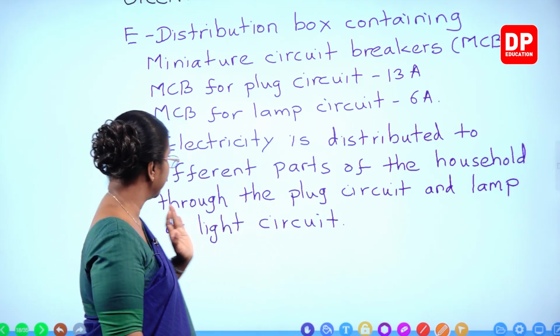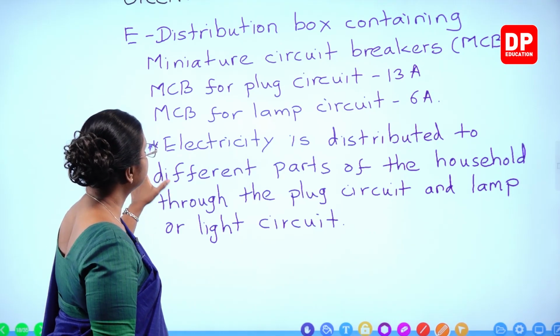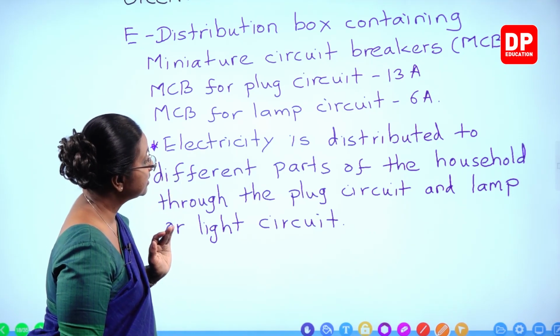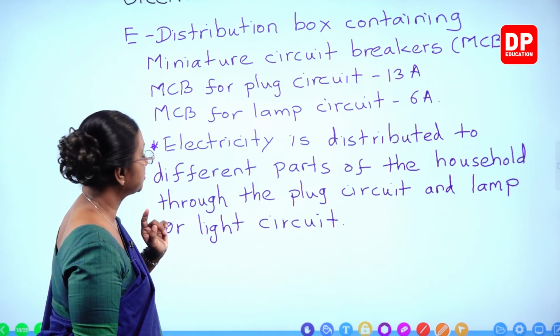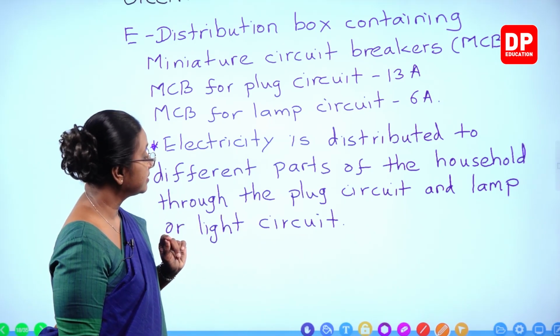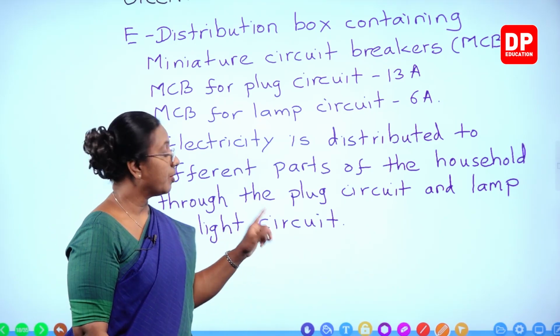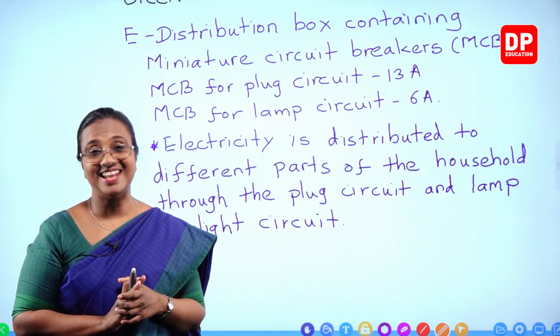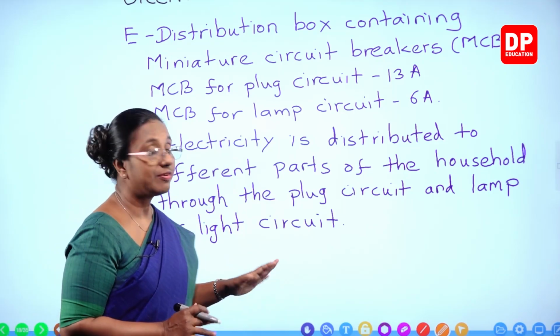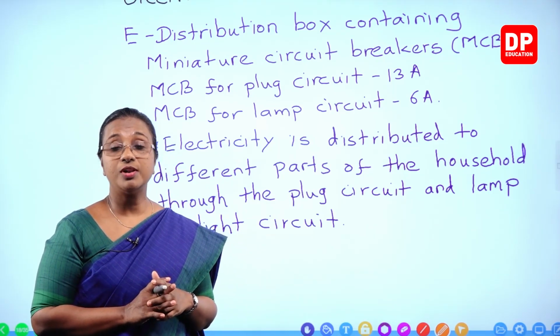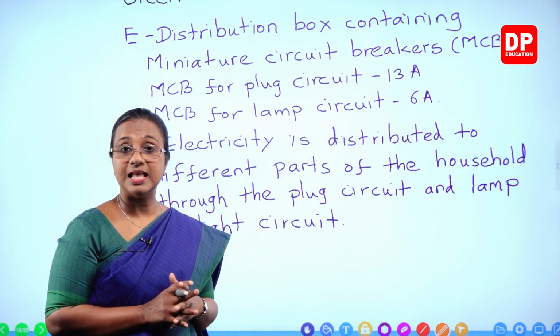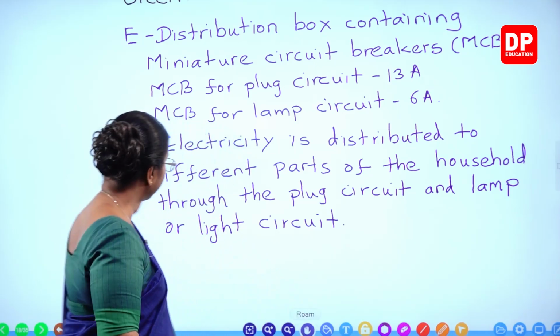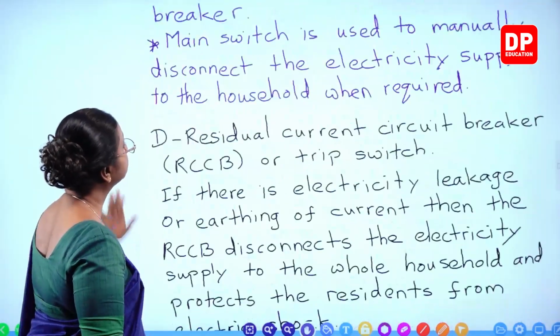You all can remember that. So here basically the distribution box, electricity is distributed to different parts of the household through the plug circuit and lamp or light circuit. I'm sure you all can understand that. So here students, we have written all the functions of all the 5 components present in that circuit. So if I quickly go back to the question.